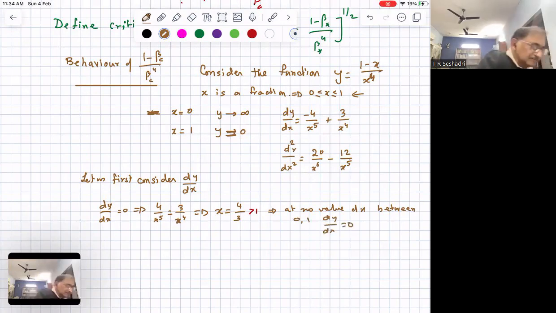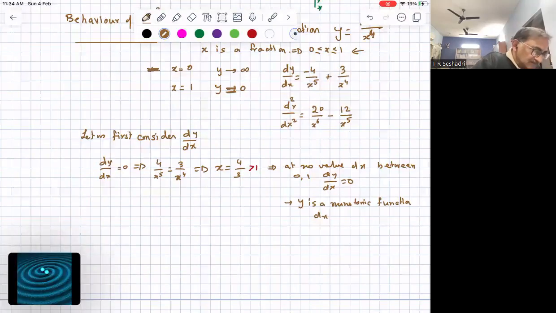So it does not have a minimum or a maximum. It is a monotonic function. Implies y is a monotonic function of x. Is that okay?